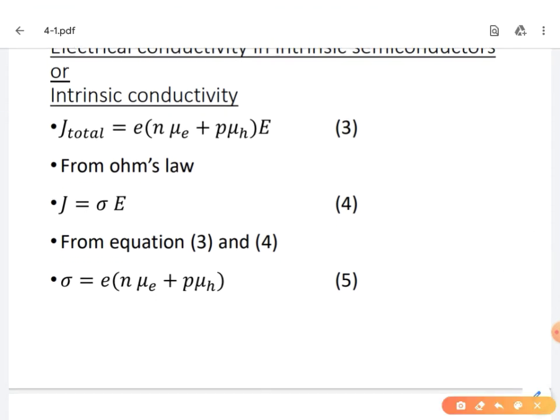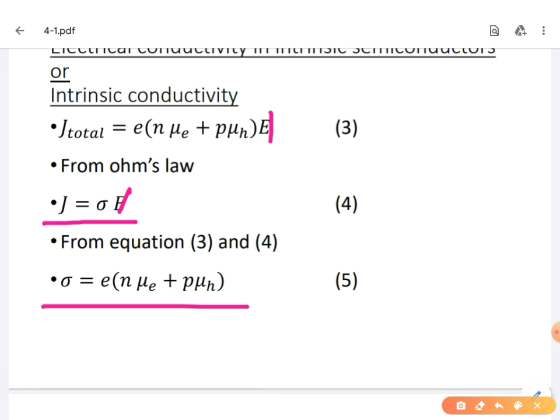By comparing this equation with Ohm's law, which is J equals sigma E, by comparing equation 3 with Ohm's law, E will cancel. What is the remaining term? Sigma. Sigma equals, which is the remaining term, that is equation 5.